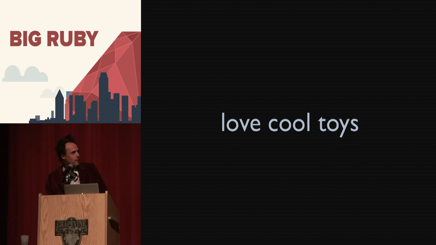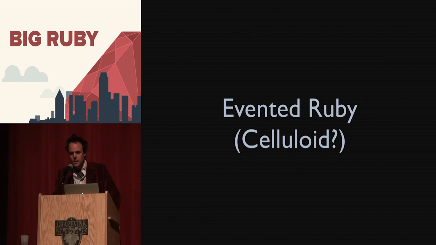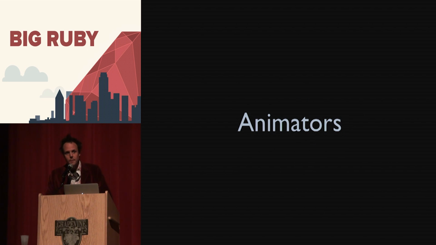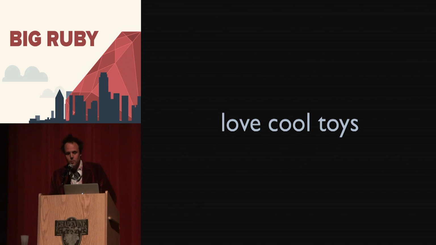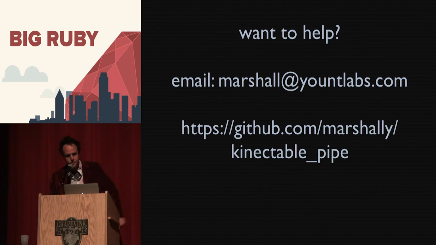And I appreciate finding people who have C++ experience working with evented Ruby, or folks that have any kind of animation or game programming background, or really, if you just love working with cool toys. So that event, again, is going to be the next hyperlocal hack night. It'll be Tuesday, March 19th. And my email address is up here. This is a reference to the GitHub project, or you can just find me in the hallway.